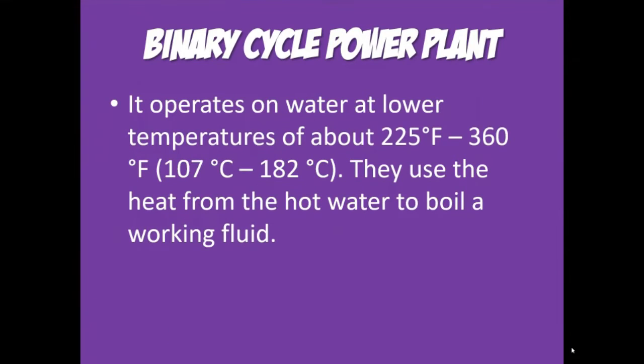So it operates on water at lower temperature of about 225 degrees Fahrenheit to 360 degrees Fahrenheit, or in Celsius, 107 degrees Celsius up to 182 degrees Celsius. They use the heat from the hot water to boil a working fluid.